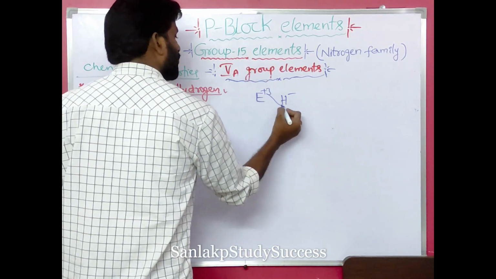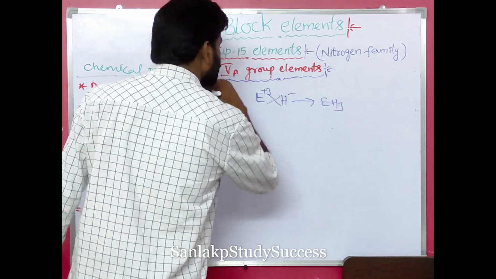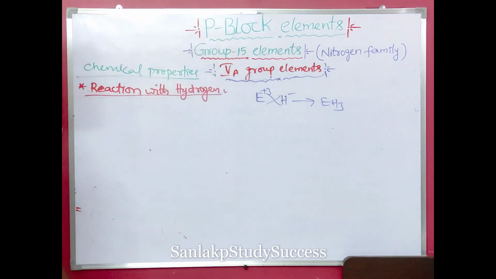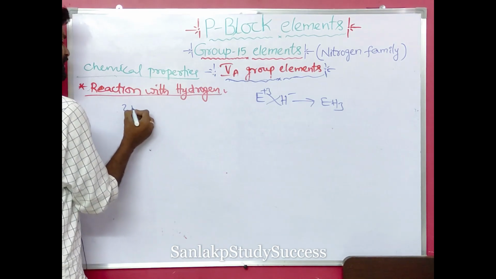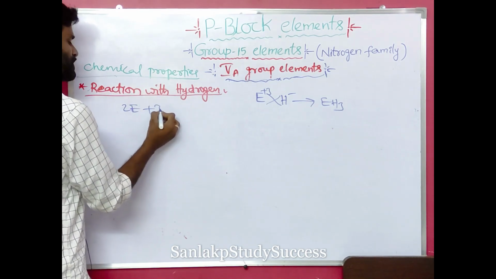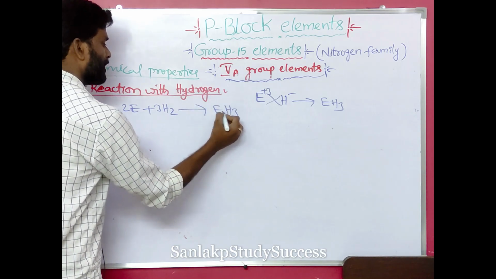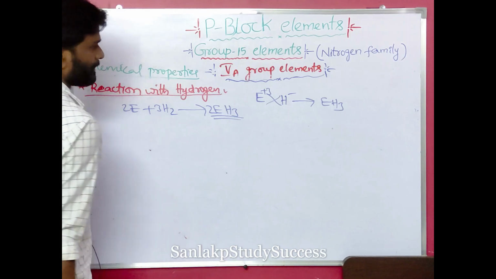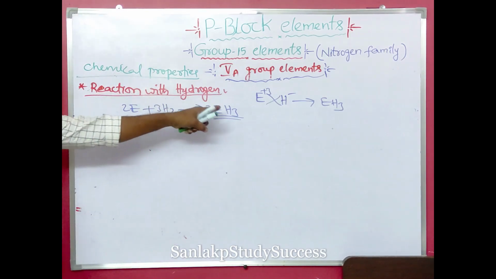So what is its formula? EH3. EH3 type of hydrides. These elements can react with hydrogen to form EH3 type of hydrides, or MH3 type of hydrides. If we take an M, that is an MH3 type of hydride.